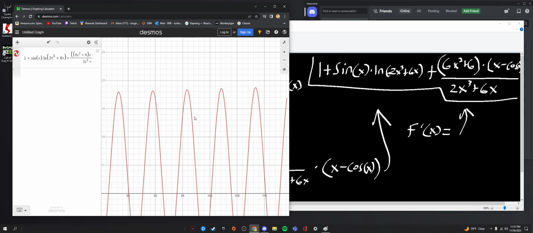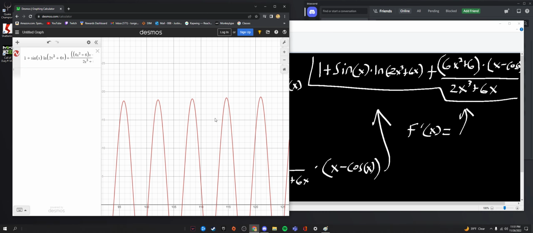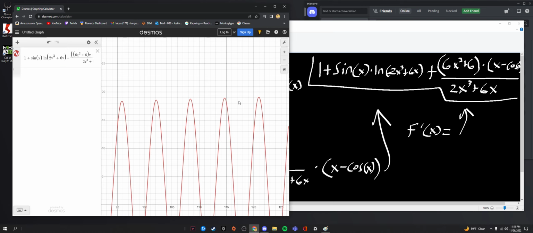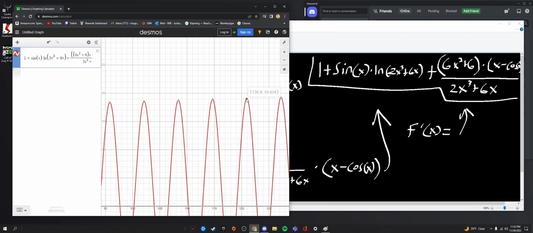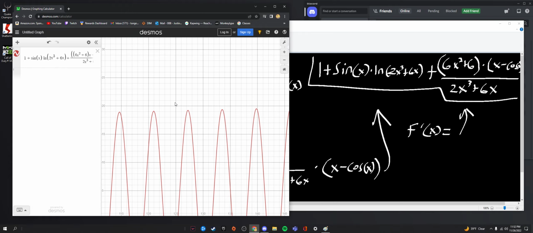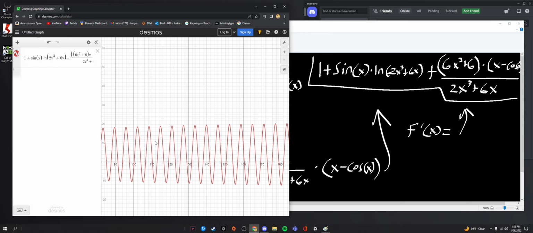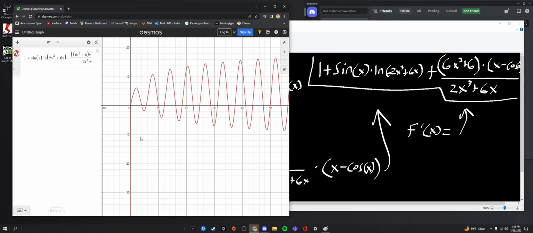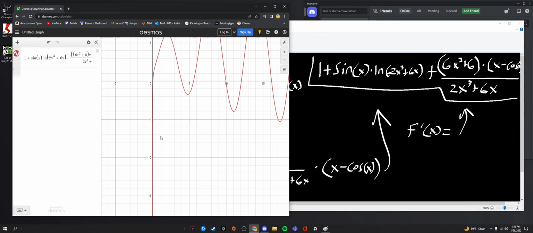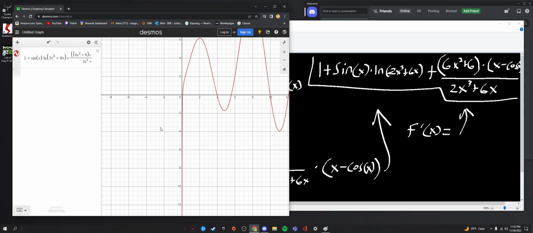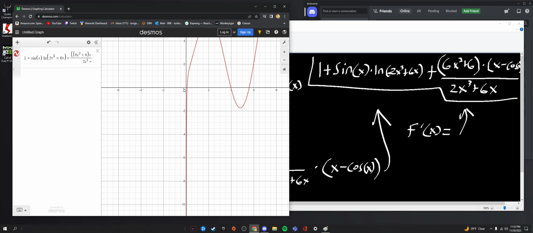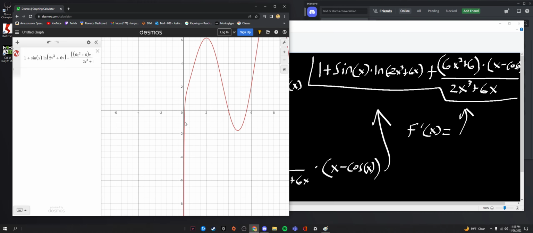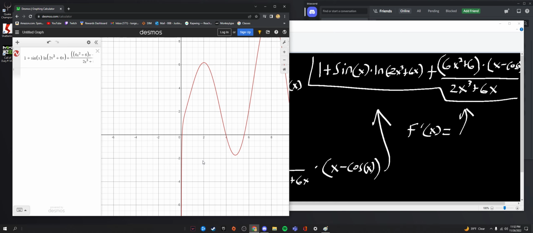It looks like it increases pretty slowly though. Yeah, that is a slowly divergent function, and it is undefined for anything 0 and below. It approaches 0, so it's also got an asymptote, which is kind of cool.